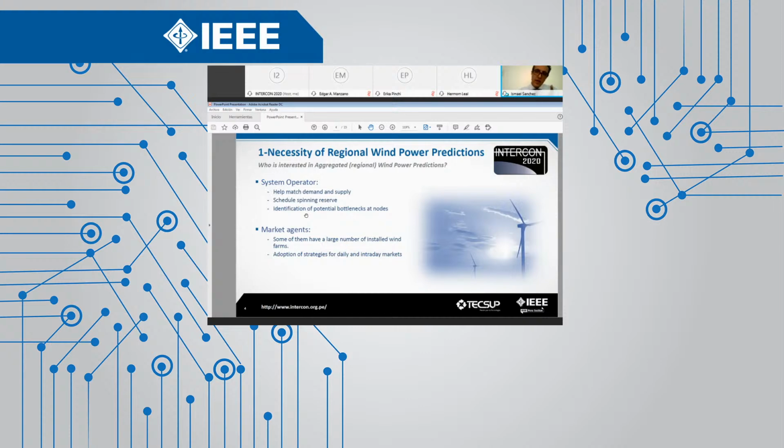For instance, if I know that I can supply this energy with a 90% probability, then I can keep this energy for a secondary market. Also, they are going to be penalized if they fail to supply the energy. And the penalty is not for the error in individual wind farms, but at the aggregate level. So both system operators and utilities need efficient aggregate wind power prediction.